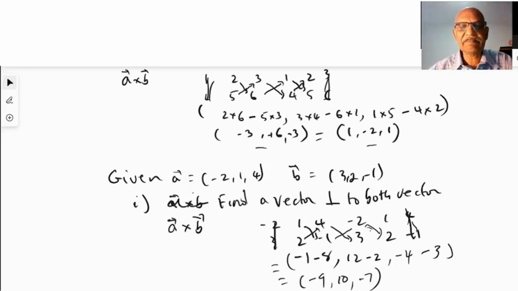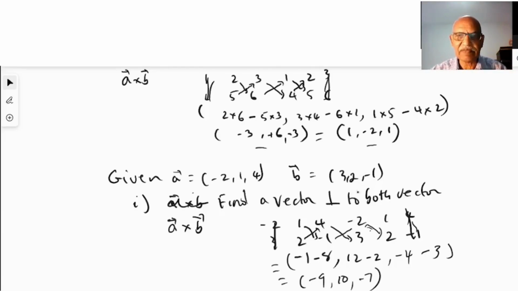How do I check if my answer is right? If this vector is perpendicular to both of them, then check. The vector negative 9, 10, negative 7, dot the vector minus 2, 1, 4 must be equal to 0, because for perpendicular vectors the dot product is 0.